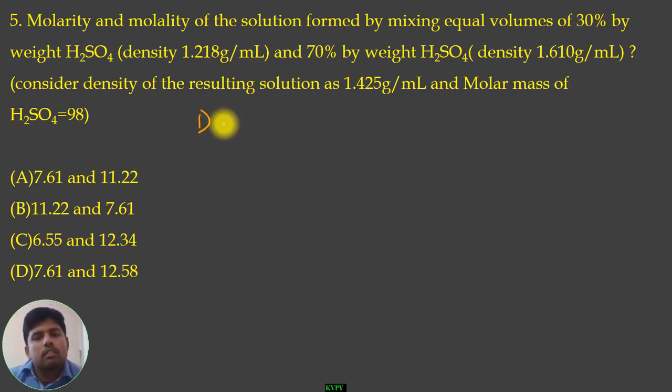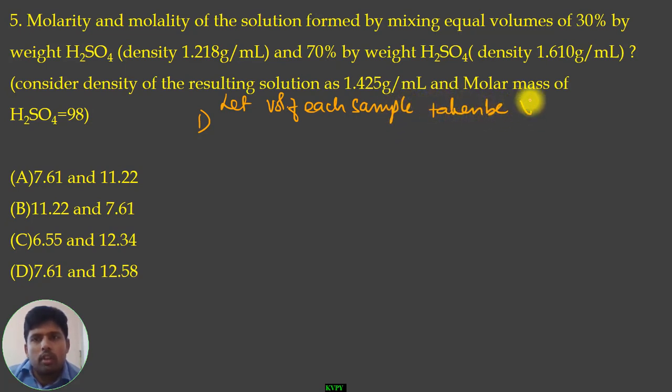First, let us find out the masses of H₂SO4 from each sample. So we have mixed equal volume. Let the volume of each sample taken be V mL.